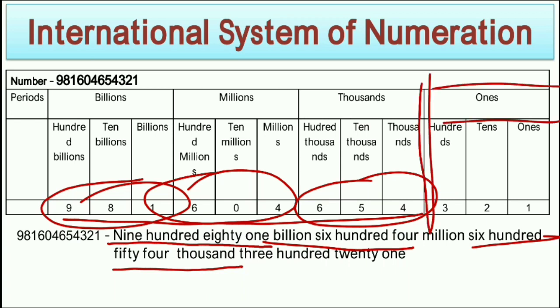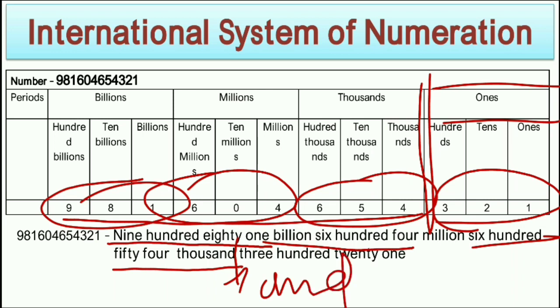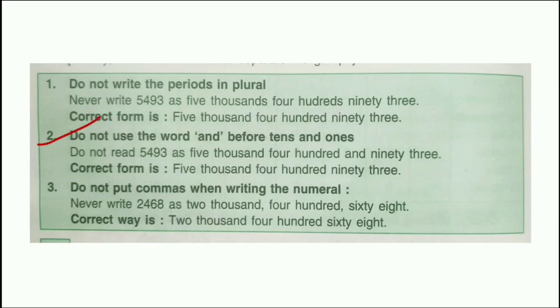Which period? Ones period starts. So before ones period you can put and, 321. Never write it before ones place. No, before hundreds place. It means before ones period, not the ones place. Got it? So and is placed before the ones period. I hope that you understood the second rule.